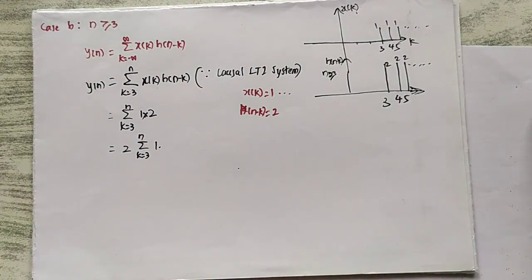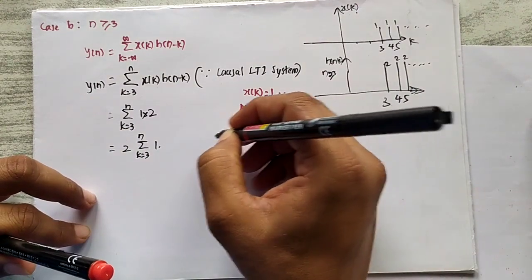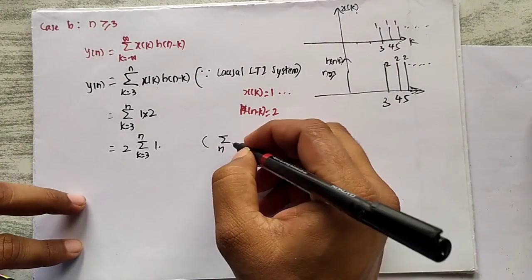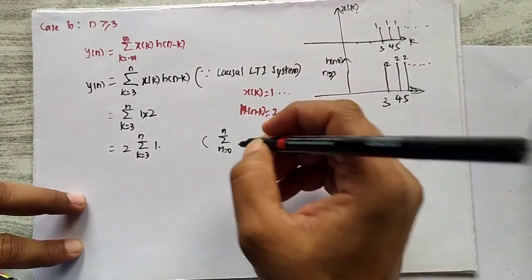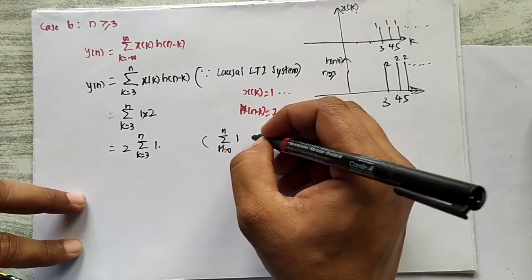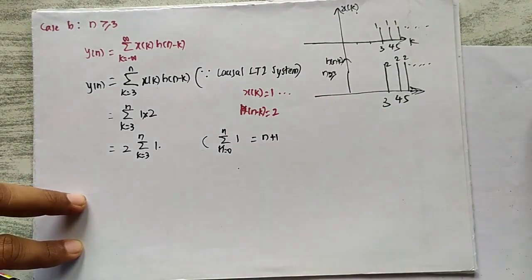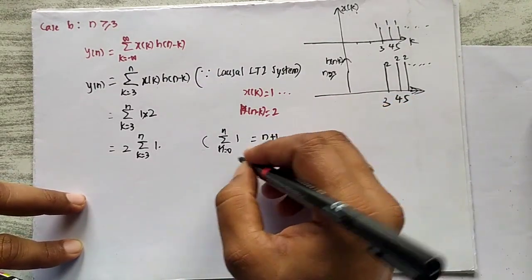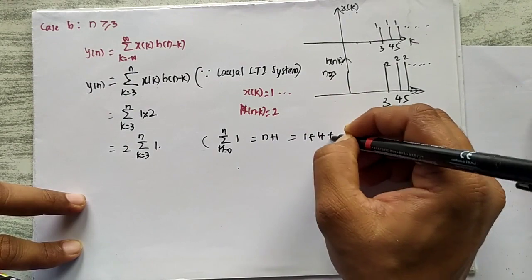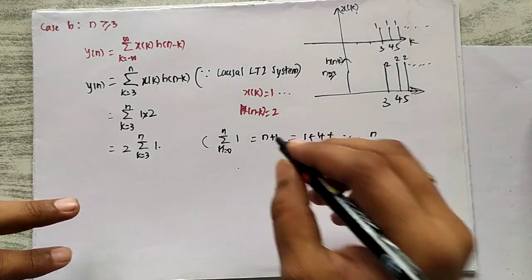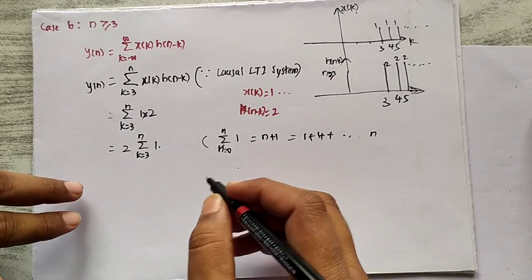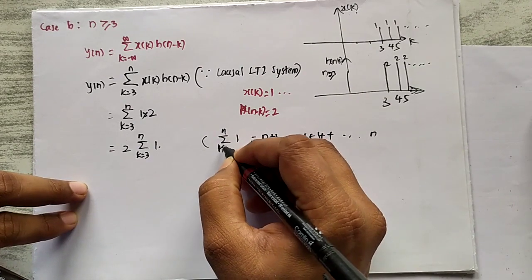We have this expression in the form: if summation k equal to 0 to n of 1, then its value we can take as n plus 1. It is something like adding 1 n times, 1 plus 1 plus 1 up to n times, so directly n plus 1, since it is starting from 0 to n.